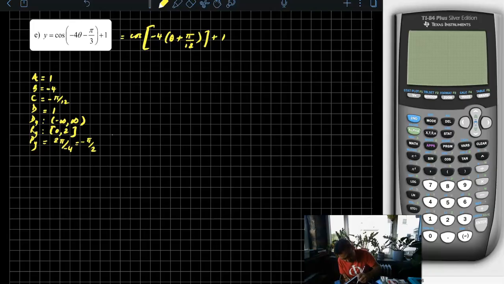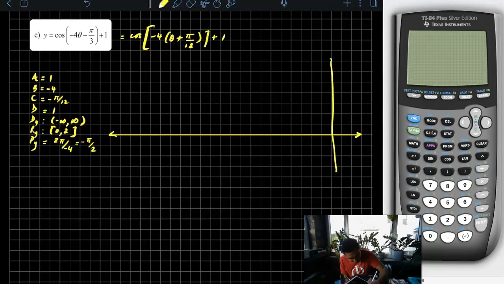So I'm going to give myself a long runway here for a cosine graph. I want to go pi over 2, 2, 3, 4, 5, 6, 7, 8, 9, 10, 11. Oh, no, sorry.